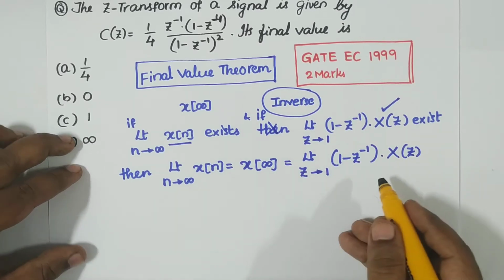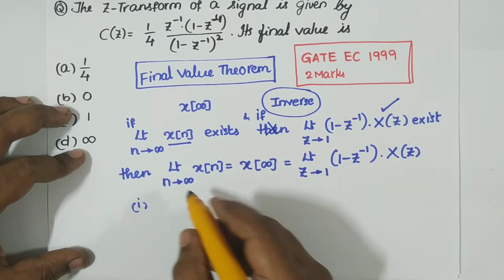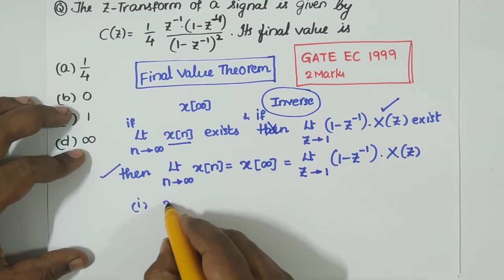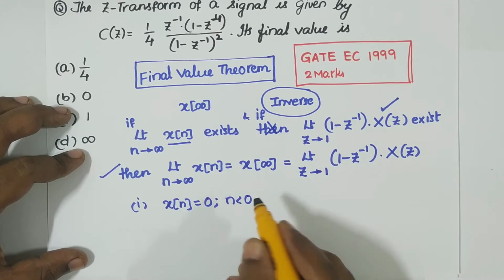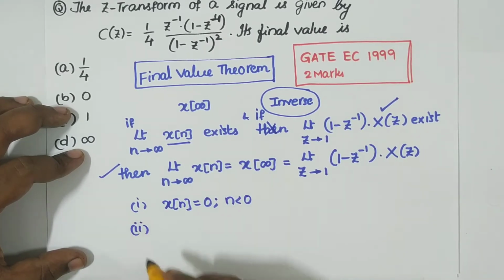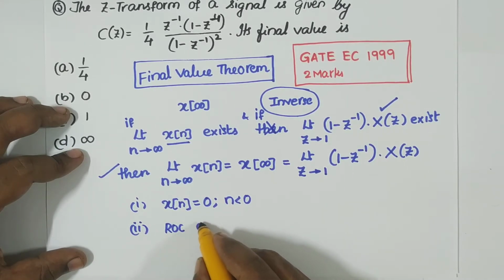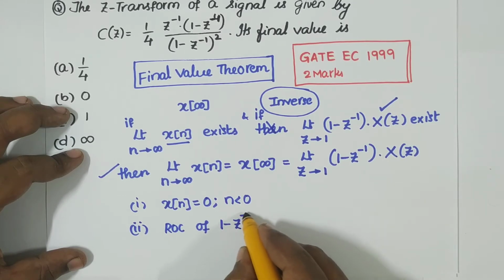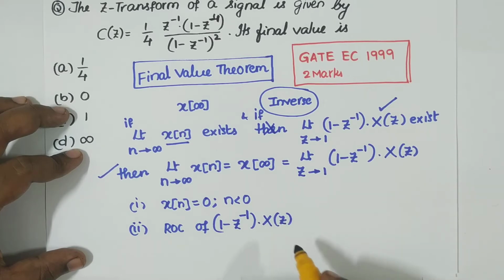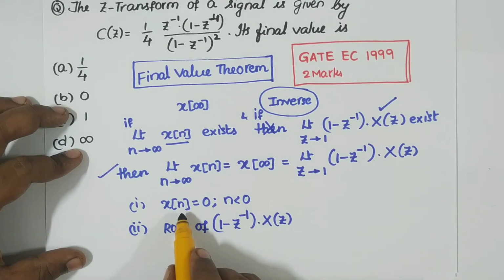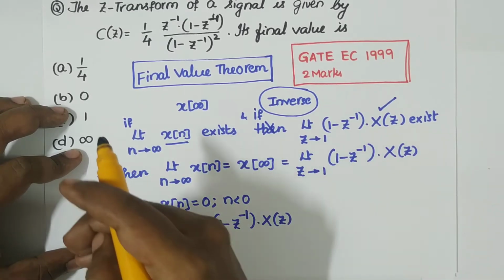Now there are two conditions for this to happen. First, x of n must be a causal sequence, x of n equal to 0 for n less than 0. x of n is in this case only a right-sided sequence, not a left-sided sequence.